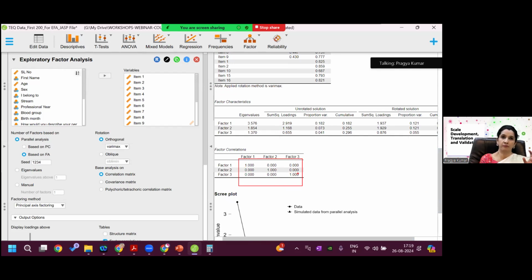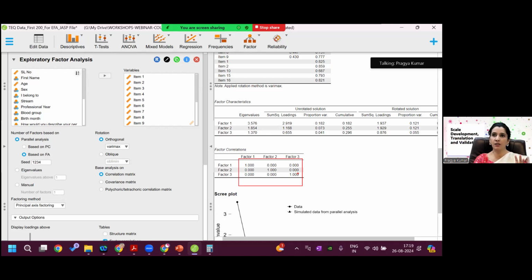Orthogonal is generally used for which type of scale? For formative. Because formative, remember we discussed, is a multi-item measure, so we use orthogonal because we don't expect our factors to be interrelated. The most common rotation method used in PCA is orthogonal, but in EFA it is oblimin.